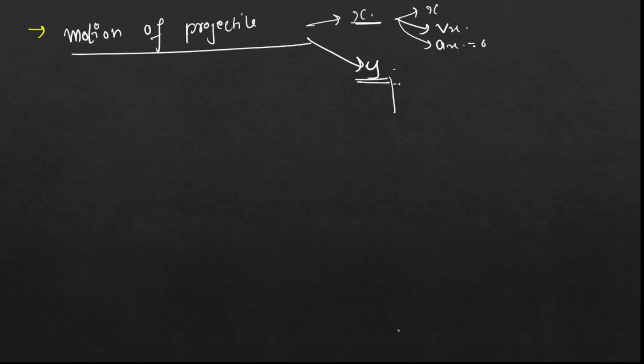Similarly along the y-axis we found y and vy, and we knew ay, which was minus g.